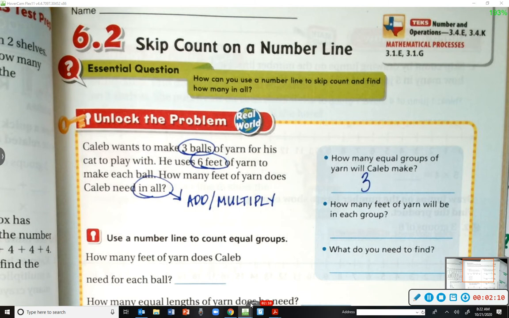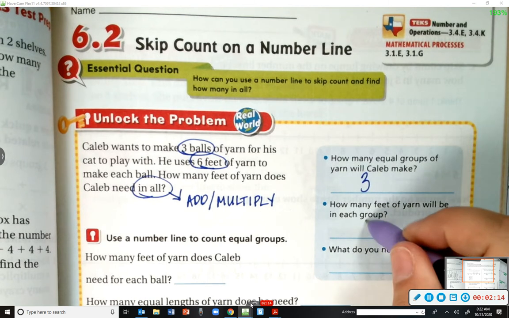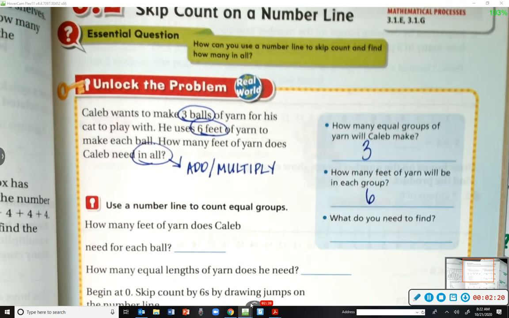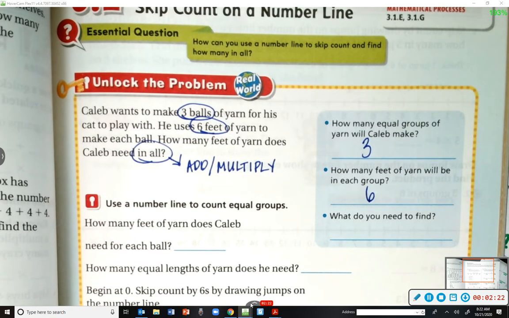How many feet of yarn will be in each group? 6. 6. Does that sound kind of like 3 groups of 6? Yes. What do you need to find? What do we need to find? How many feet of yarn, okay?